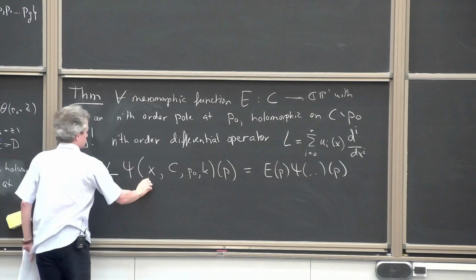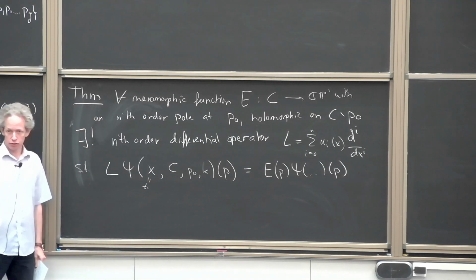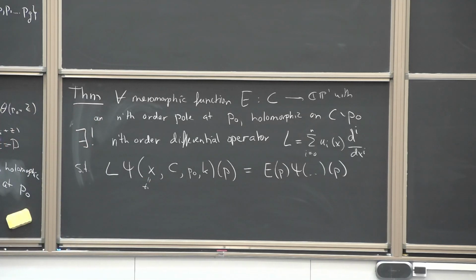So x is T1. So take the version of this which I had last time, where I have just one variable which is called T1, which of course is convenient to call x because why not?